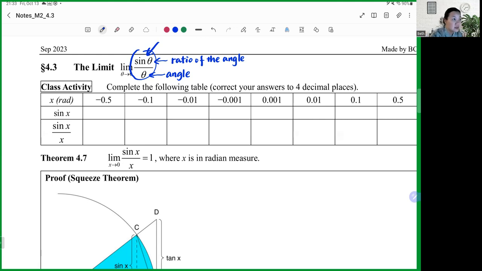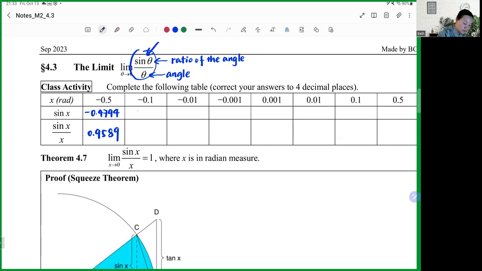Then input sine of negative 0.5 radian. You should get negative 0.4794. When I divide sine x by x, I should get 0.9589.